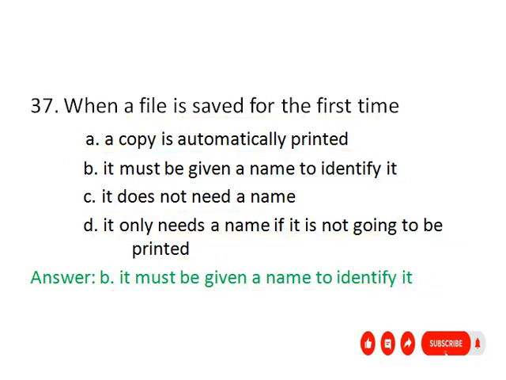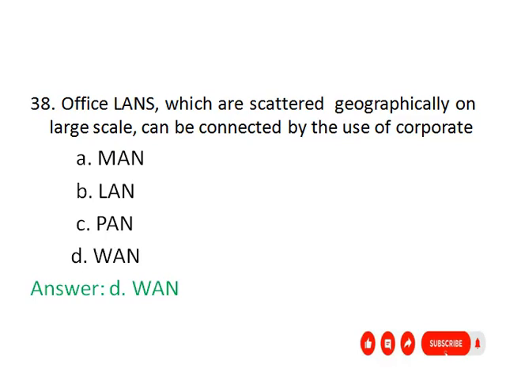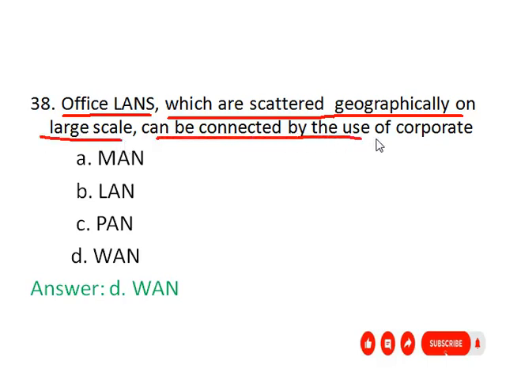Our next question is: office LANs. LANs means local area networks, which are scattered geographically on large scale, can be connected by the use of corporate means. Option A, MAN, metropolitan area network.